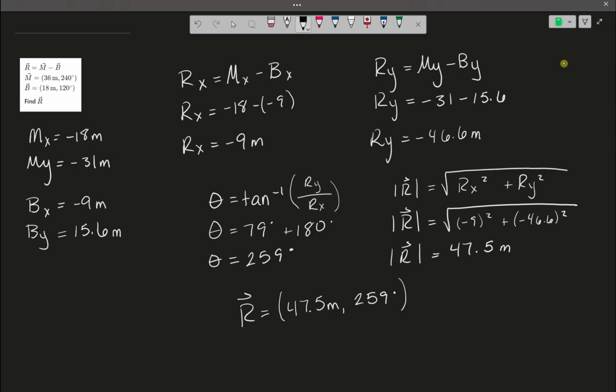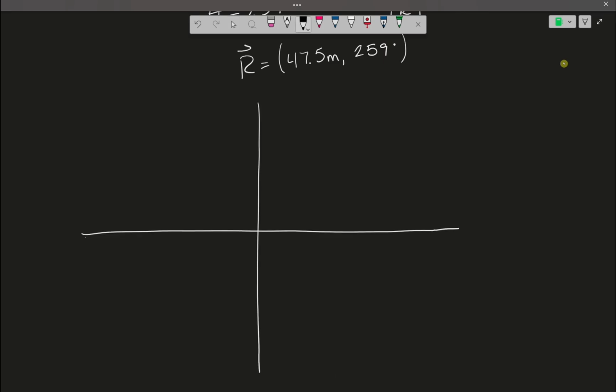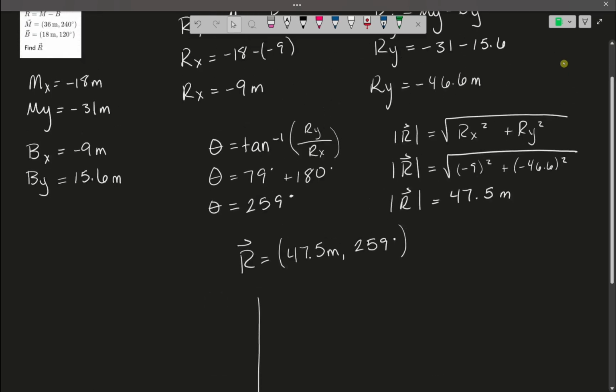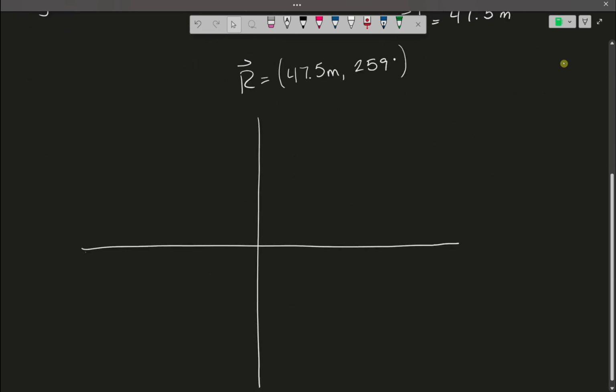Well, that was fairly straightforward. Using the visual, the graphing method is a little bit more complicated. People get tripped up a lot more on this version, and it's because of that minus sign. So I'm going to go ahead and start to draw this out. If I have my coordinate system, M is 36 at 240 degrees.